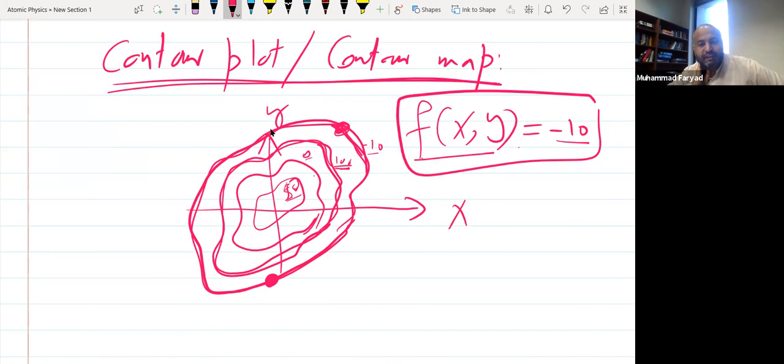Okay, so one thing I would like to emphasize now is that when you see a map which seems to represent a 3D function, never think of it as the map or plot or shape of that function, because this is only giving partial information.